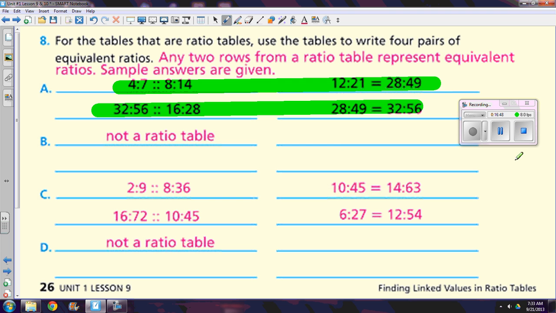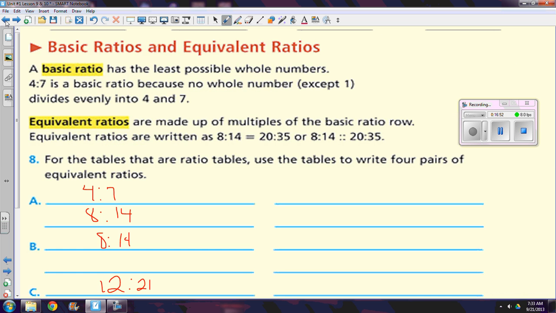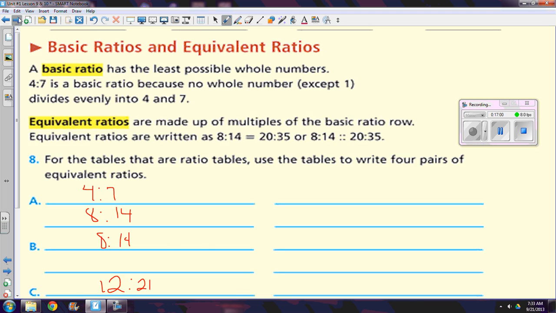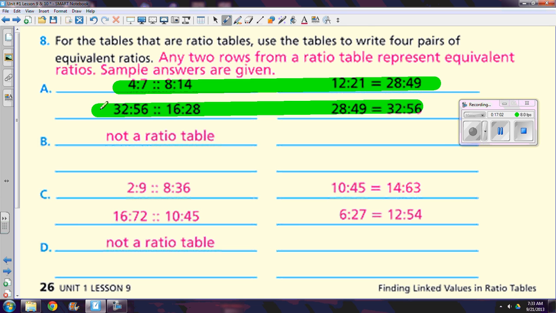Okay. It's just listing all of them if you go back. This is them right here. I think 4 of them, I believe. And then remember, table B was not a ratio table, so that's why they put not a ratio table here.